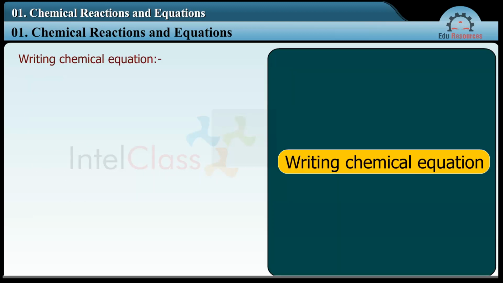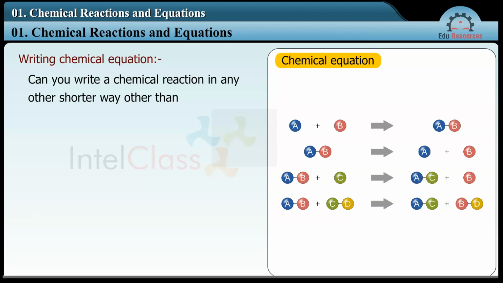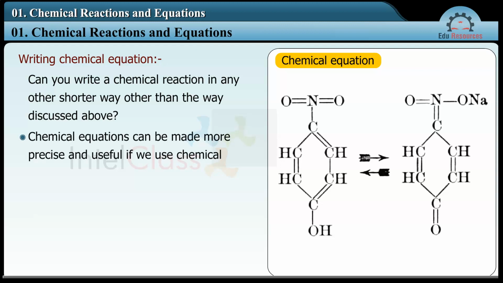Writing chemical equations. Can you write a chemical reaction in any other shorter way other than the way discussed above? Chemical equations can be made more precise and useful if we use chemical formulae instead of words.